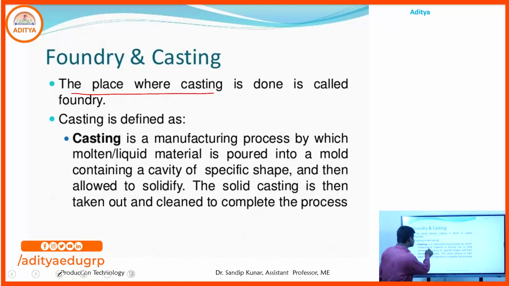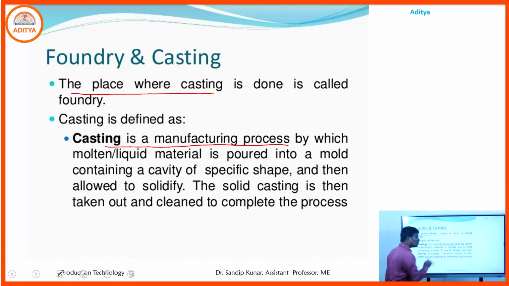In this manufacturing process, we pour the molten liquid metal into the mold cavity, which is prepared in a particular desired shape. The molten metal takes that shape, and after some time it converts into a solidified product.